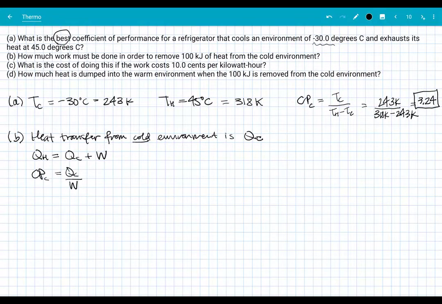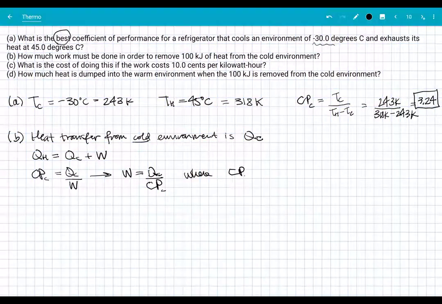So we could say that work is equal to QC over the coefficient of performance, which we already defined in part A.